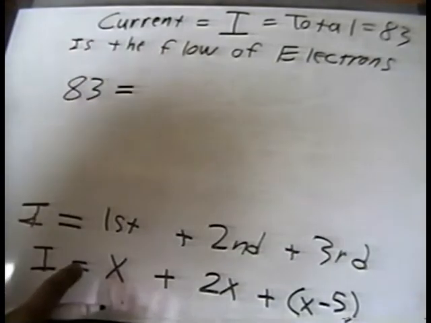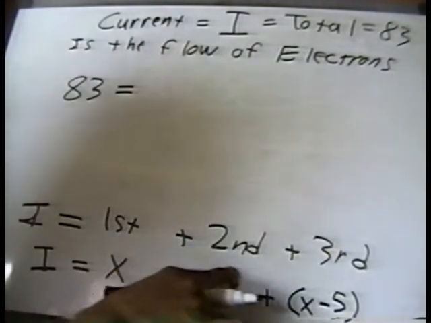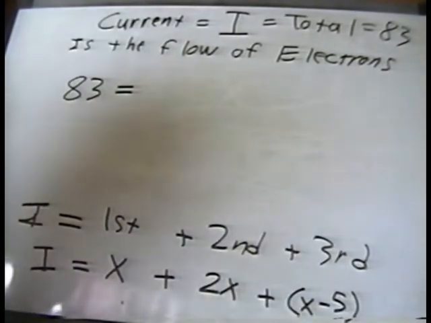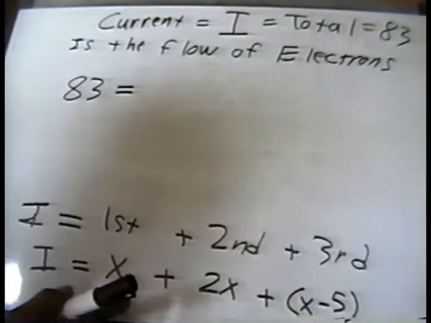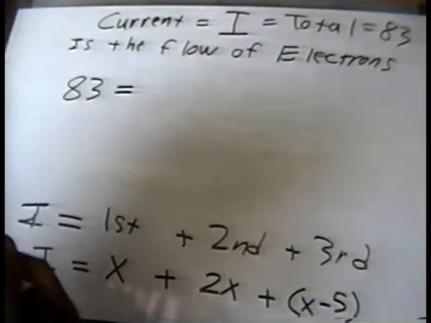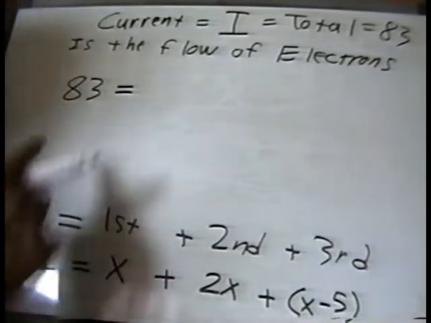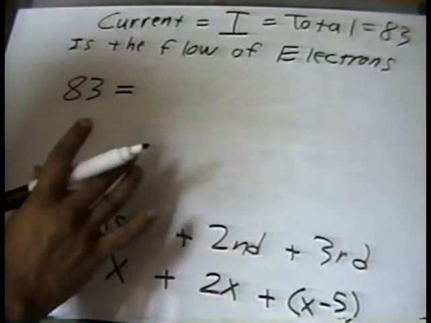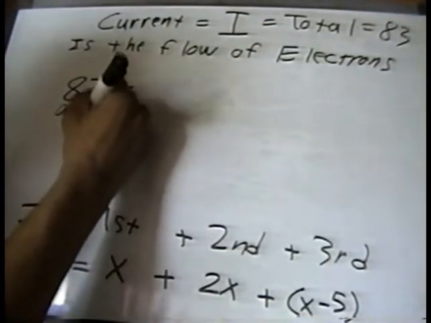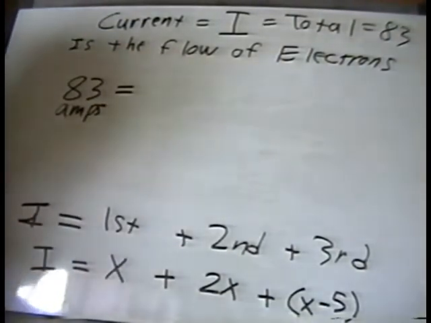So we do know that the total current does equal 83 amps. So instead of I, we're going to write in a value that we know for I, which is 83 amps. I'm omitting the amps or the units until we get done, because we know we're working with all the same units anyway. And I don't want to confuse anyone if you don't know this method yet.